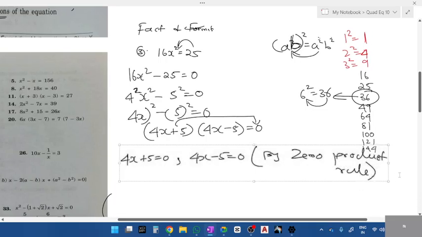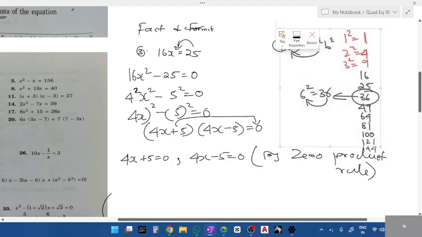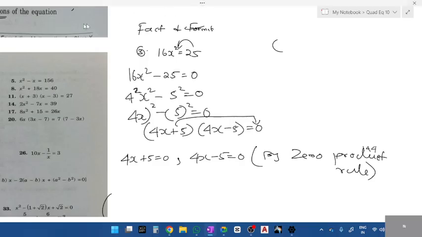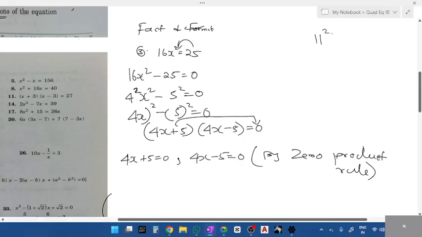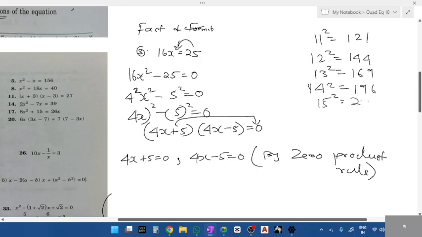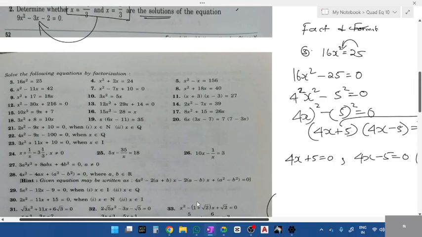Then find the value of x. You can take up to 225. 15 square.